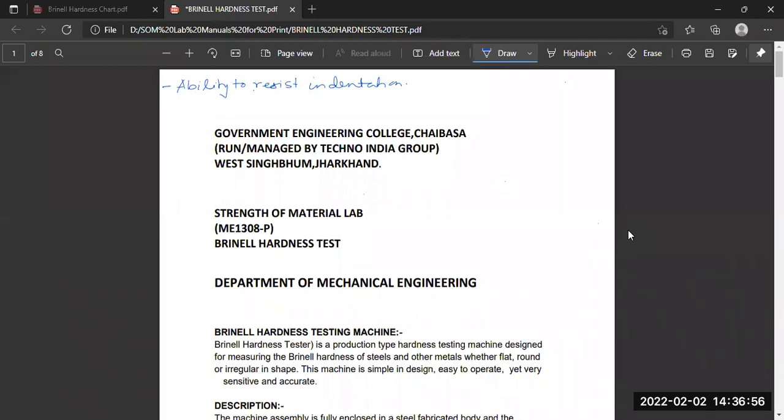So we have to check how much hardness a particular material has. In order to do so, we have to indent the material, that is, press it by means of certain additional items.